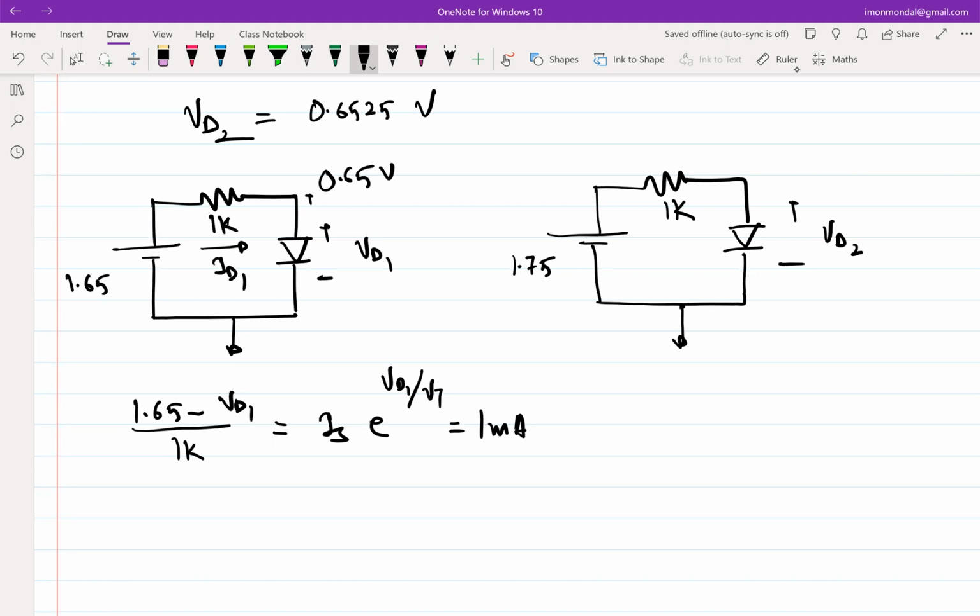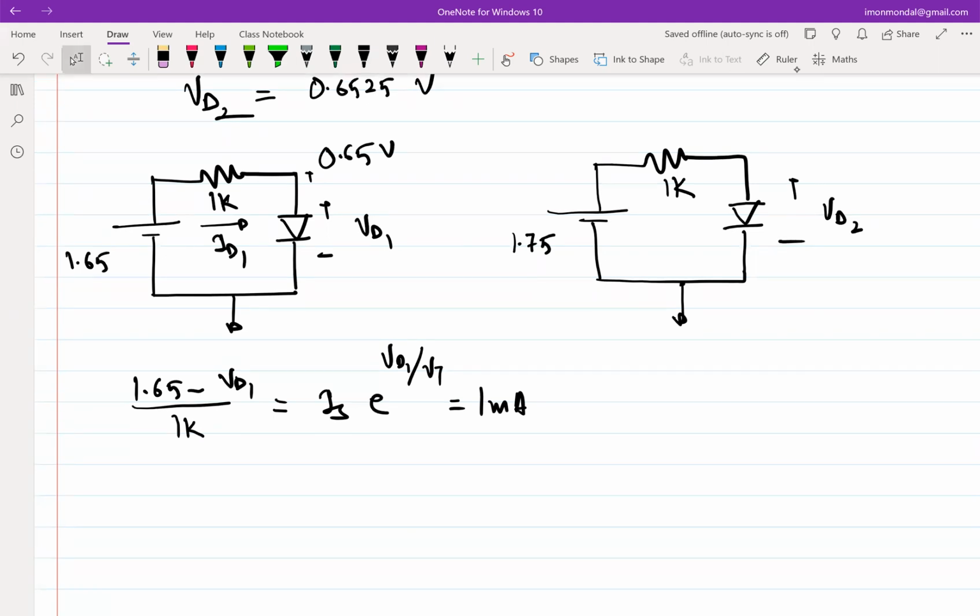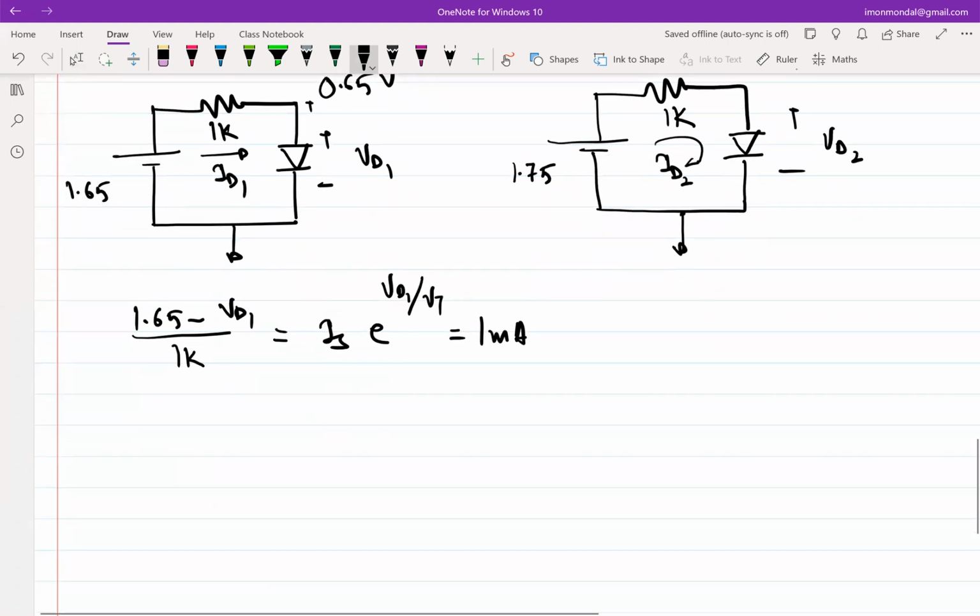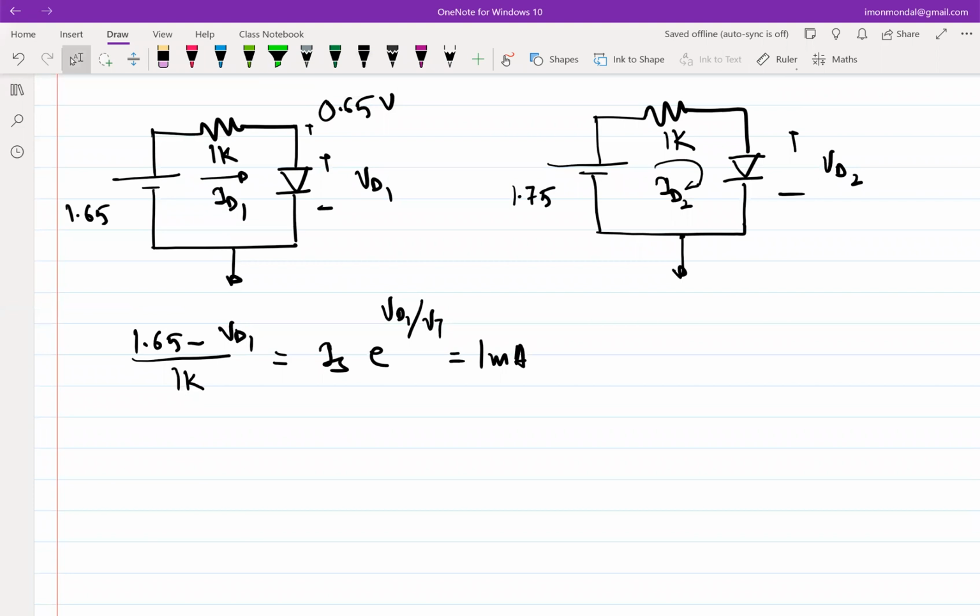But in the circuit on the right, I'll have to find out ID2. ID2 is 1.75 minus VD2 by 1K, which is equal to IS e power VD2 by VT.